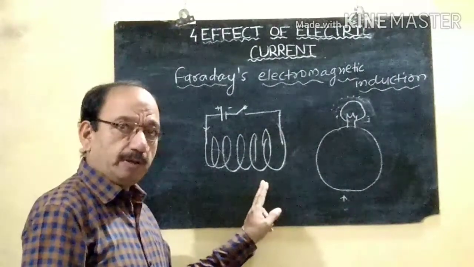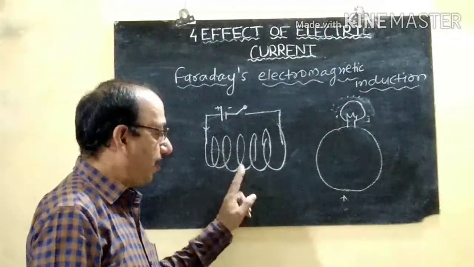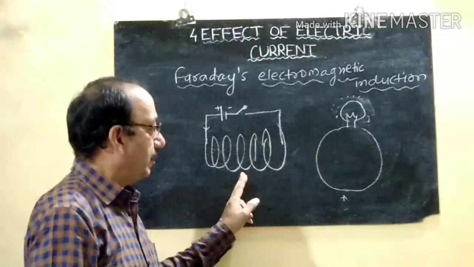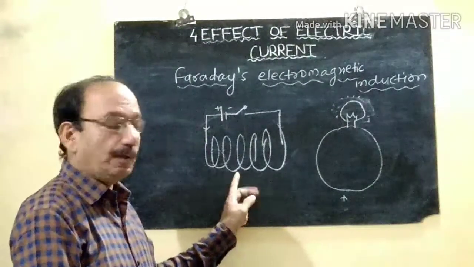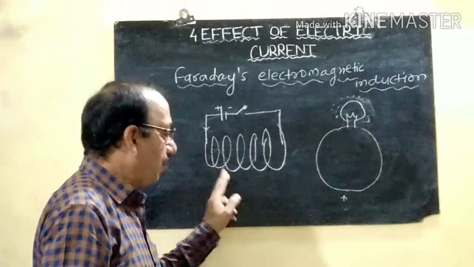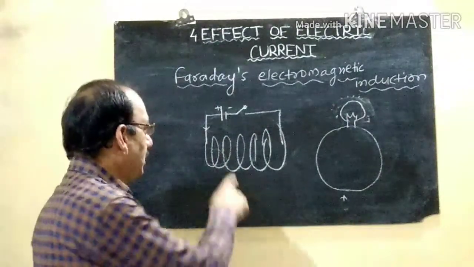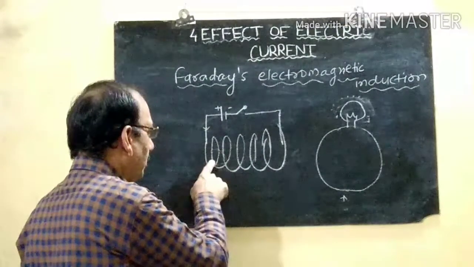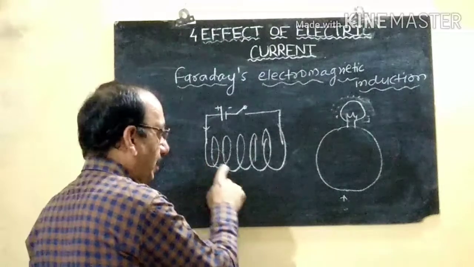In a previous video I told you that the properties of the magnetic lines of force produced by a bar magnet and by a solenoid coil are the same. This solenoid coil will work as a bar magnet.